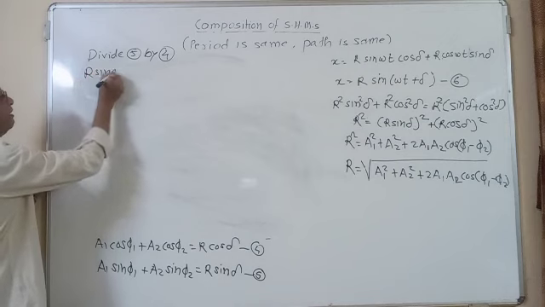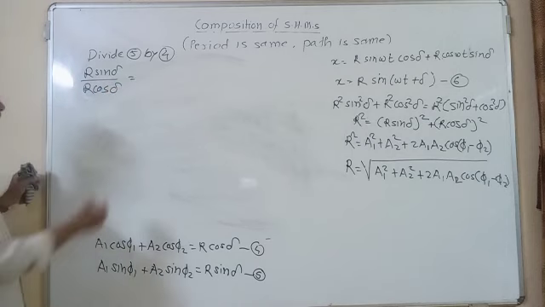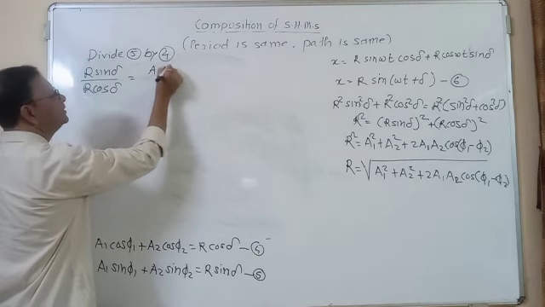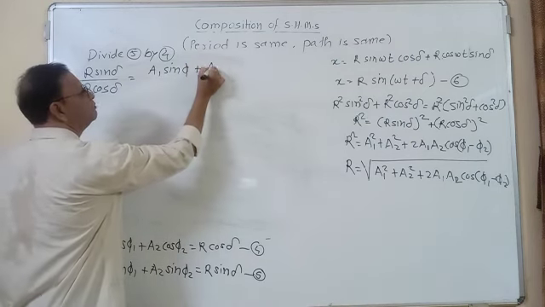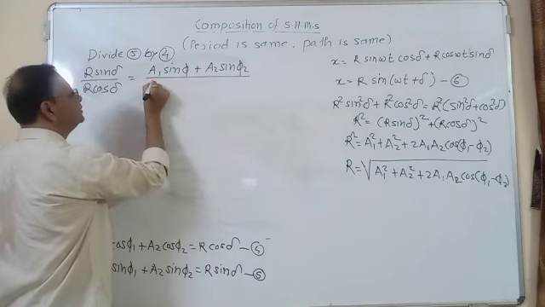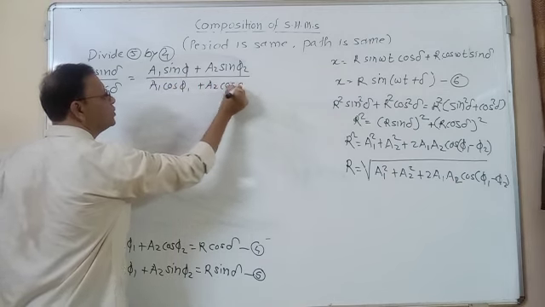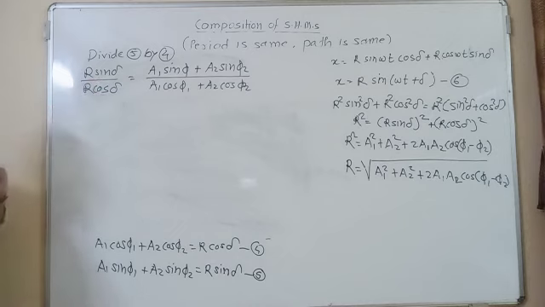R sin delta upon R cos delta is equal to A1 sin phi 1 plus A2 sin phi 2 upon A1 cos phi 1 plus A2 cos phi 2, and R sin delta upon R cos delta is tan delta.